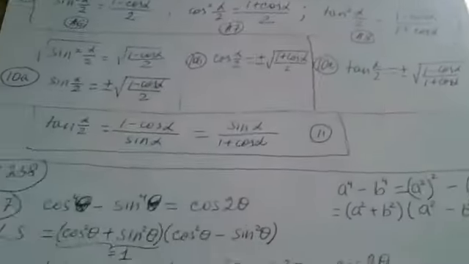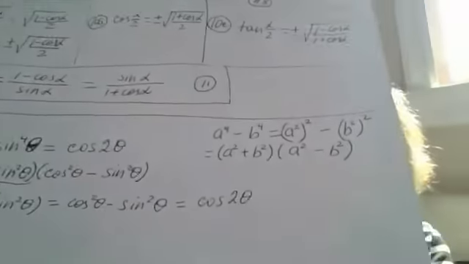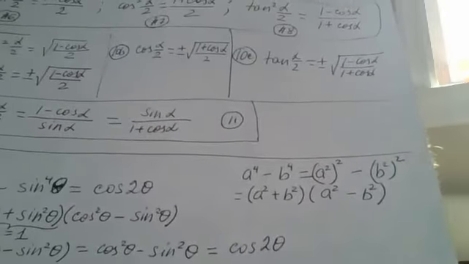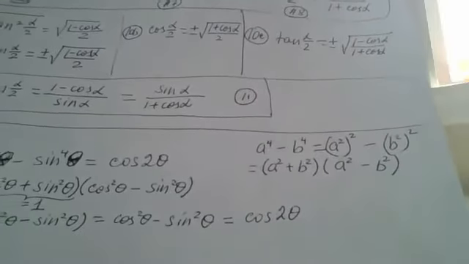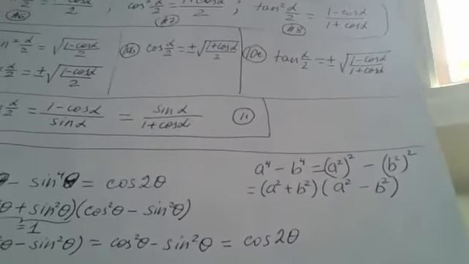Which means, as a result of applying these steps, we came to cosine of 2 theta. Are we done with our proof? Yes, or we can place that small square, which means the end of proof. Definitely we proved this identity.